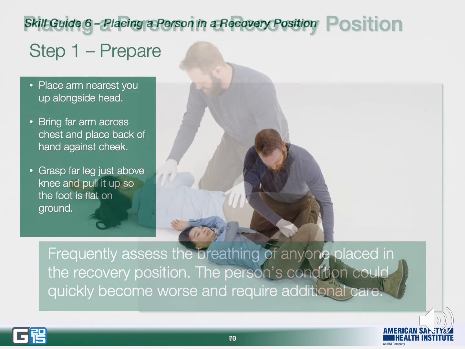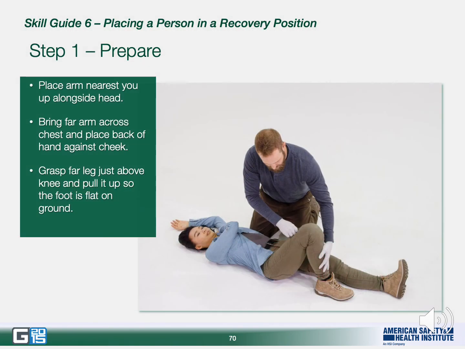So step 1, bend her right knee up and get her right arm across her chest and over her shoulder, and then her left arm is out, extended over her head.